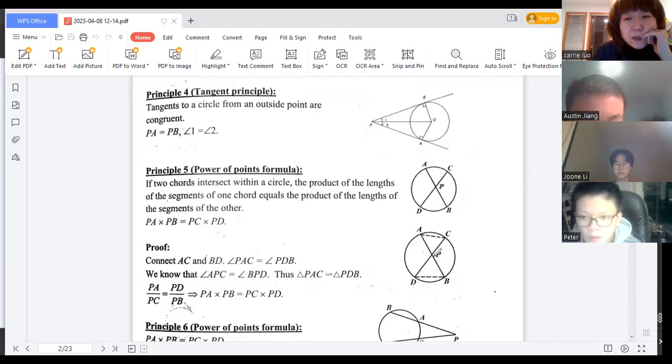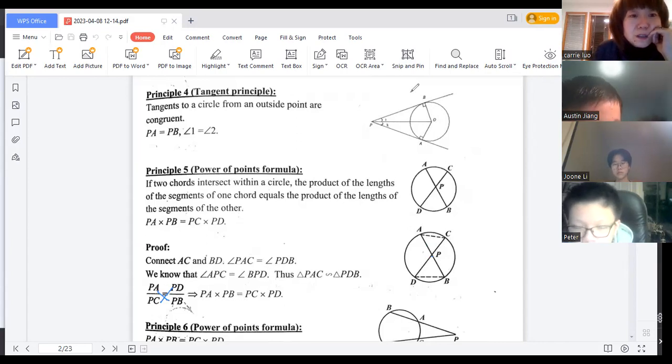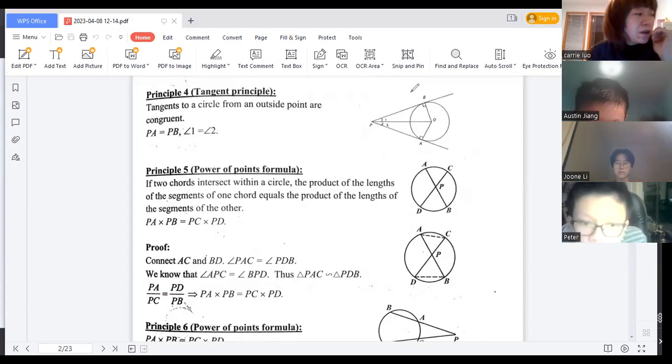So that's why AP to PD equals AC to PB. So that's why 交叉相乘. So AP times PB equals PC times PD. Understood? So you don't have to prove it, okay? When you are in the test, everybody, you can directly use it. 可以直接用.